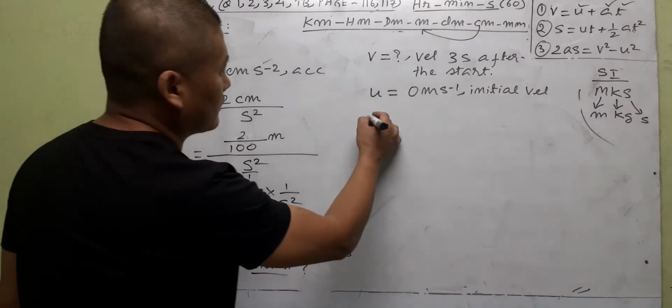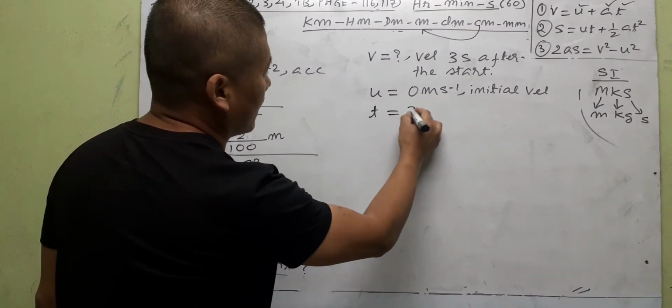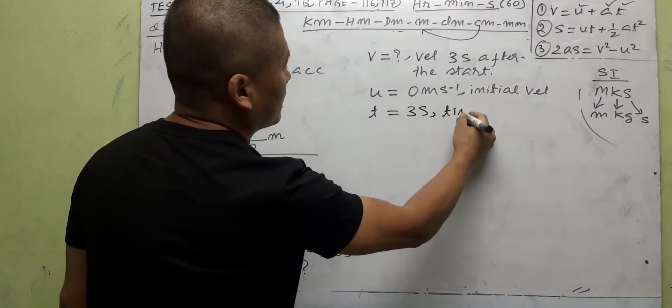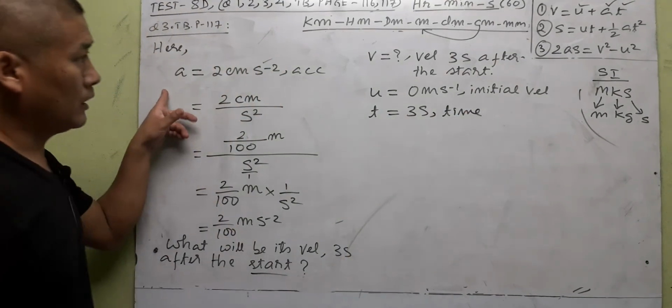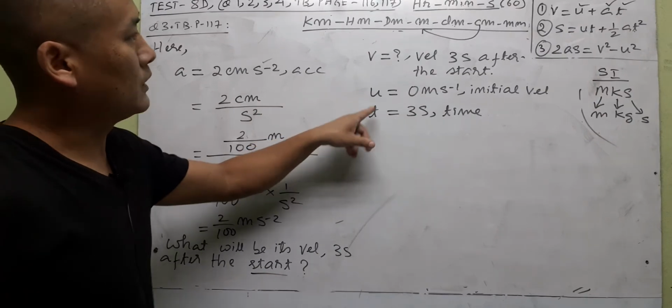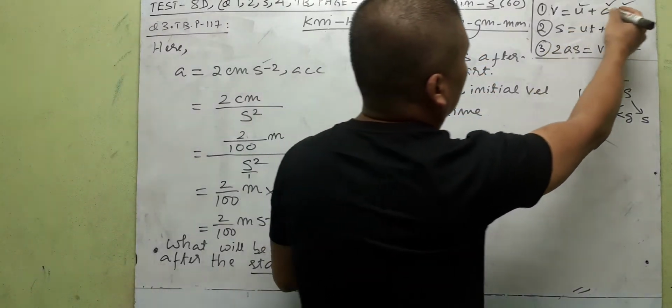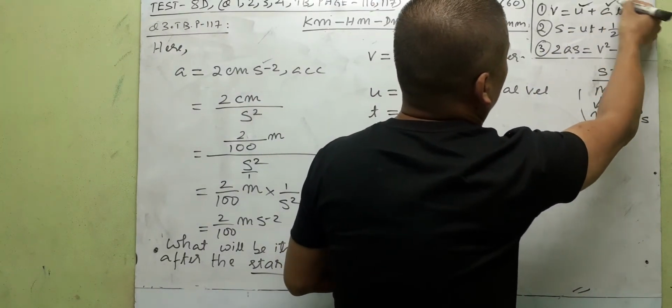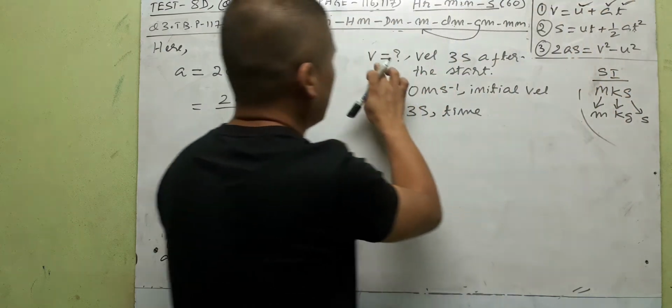So time, 3 seconds, that is time. So we have here A, U and T. See here, A is there, U is there, T is there. So easily we have arranged for what we need.